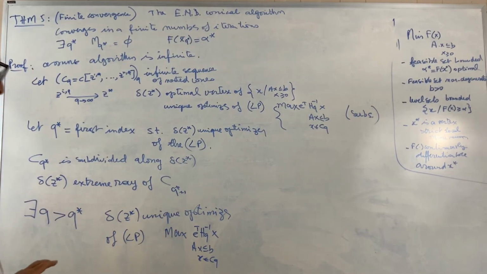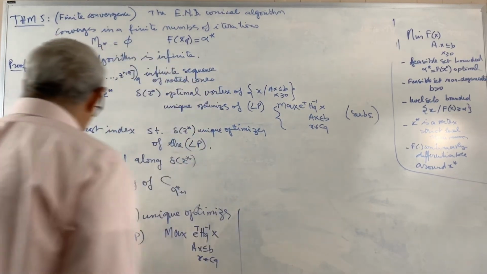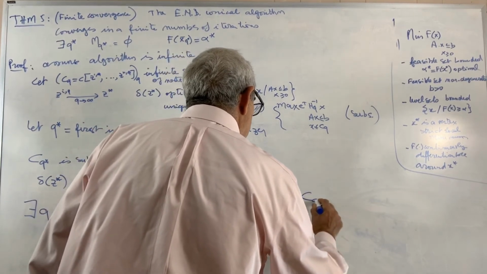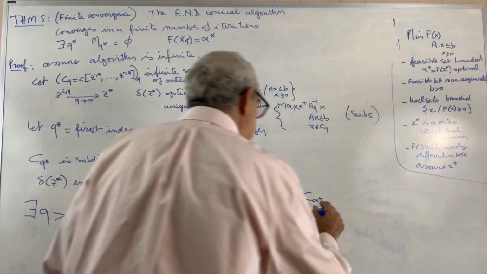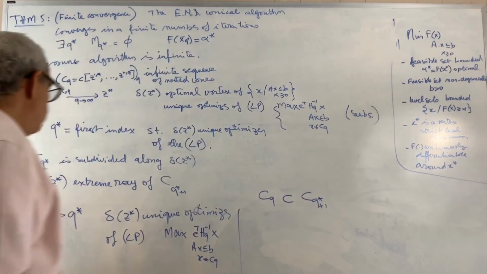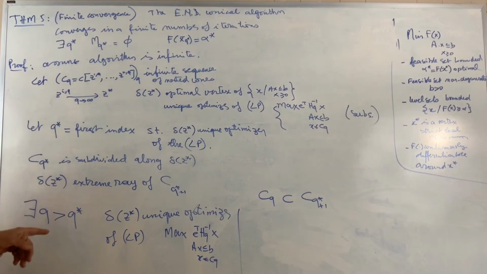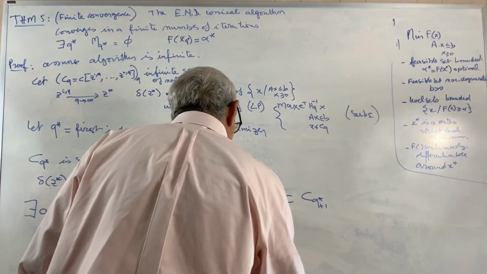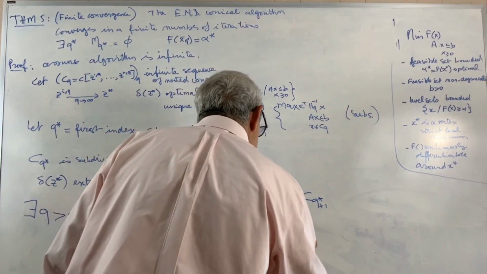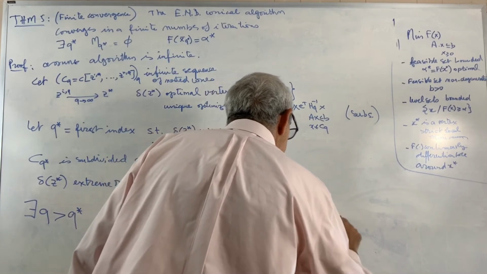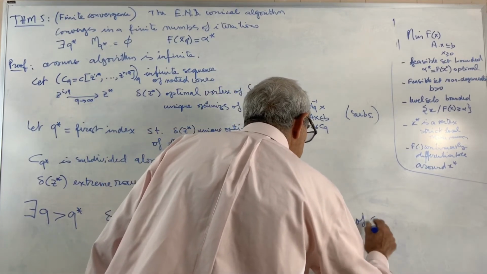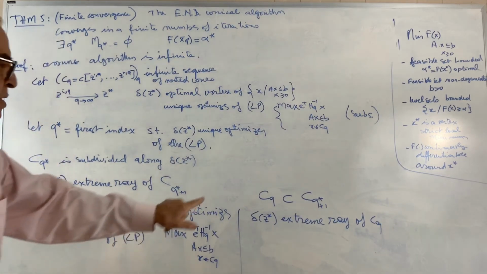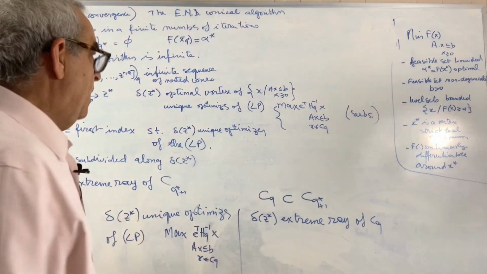But CQ is inside CQ star plus 1, and therefore delta of Z star is an extreme ray of CQ, because it's an extreme ray of CQ plus 1, and CQ is contained in CQ plus 1.